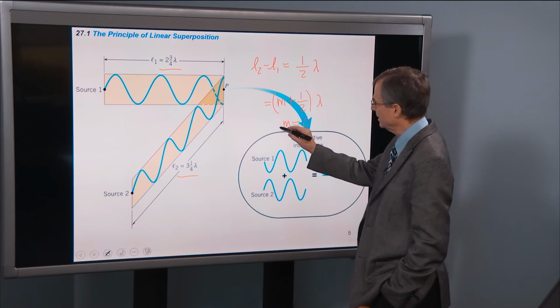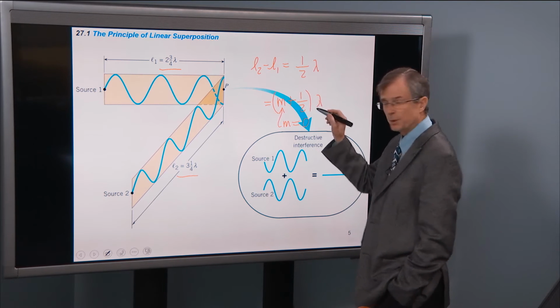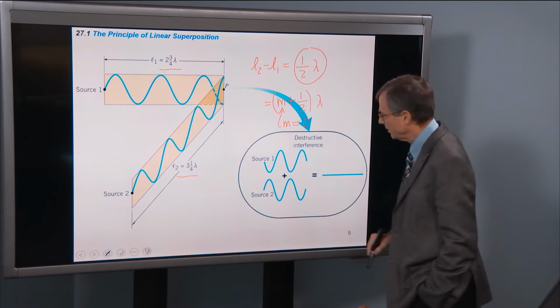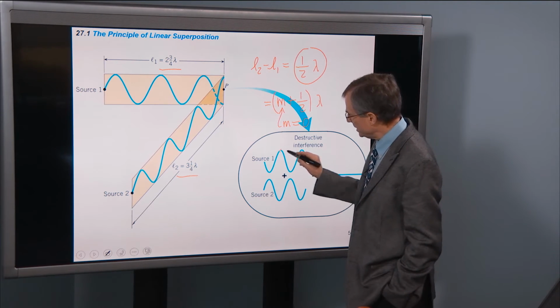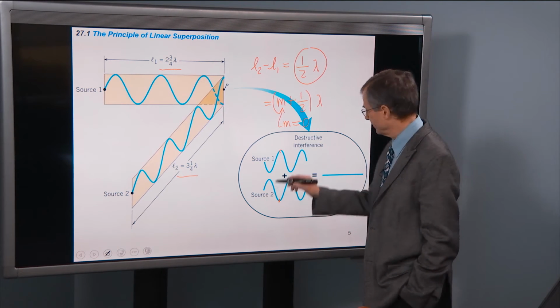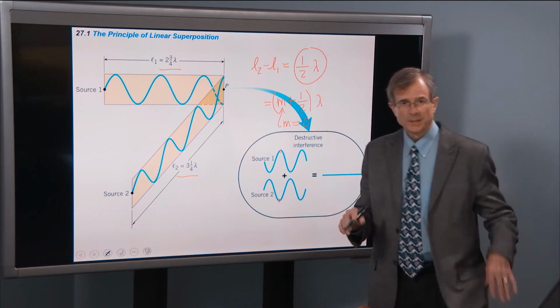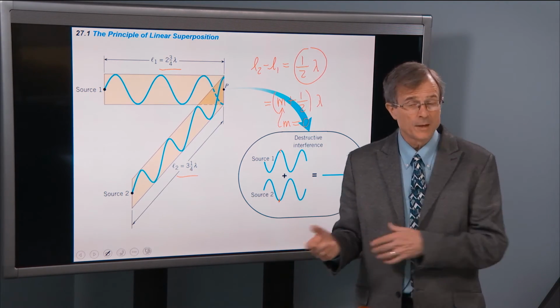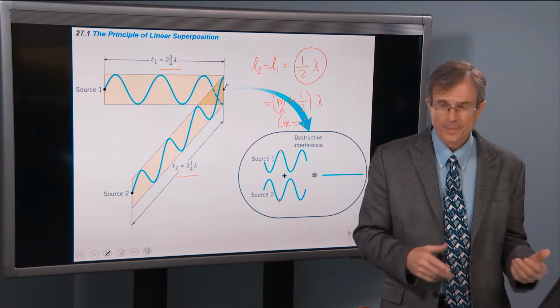So if you plug in 0 into here, 0 plus a half is a half, half a wavelength is half a wavelength. Bingo. And we get peaks coinciding with valleys and destructive interference, and we get cancellation of the, in the old case, sound, in this case, light.